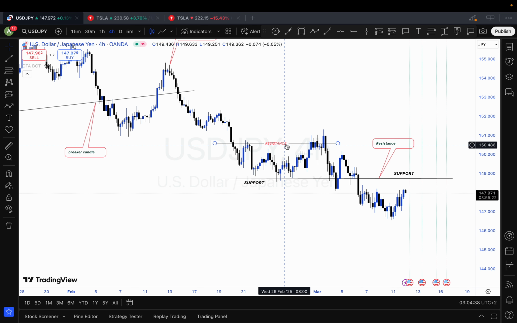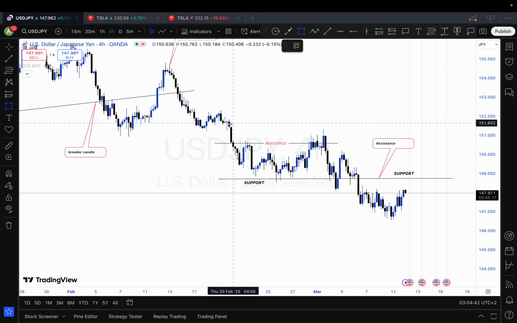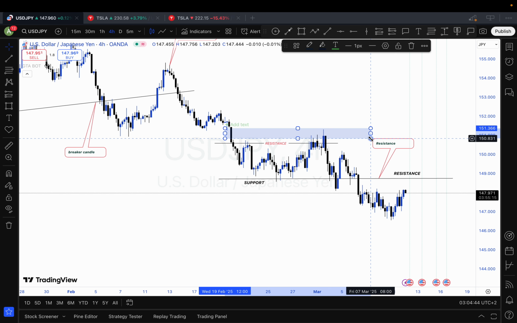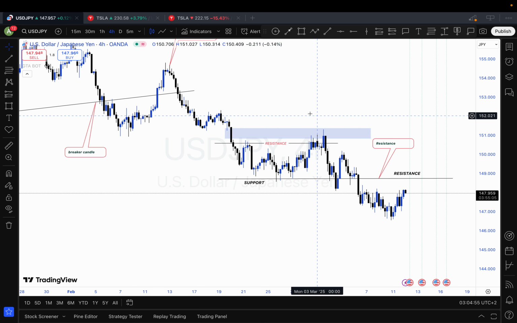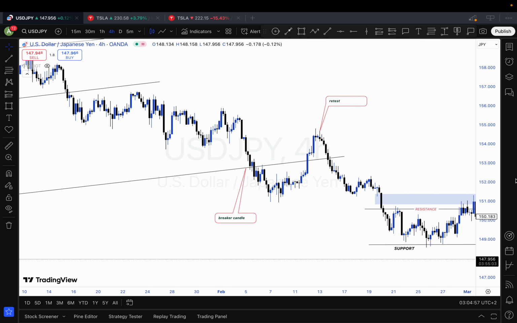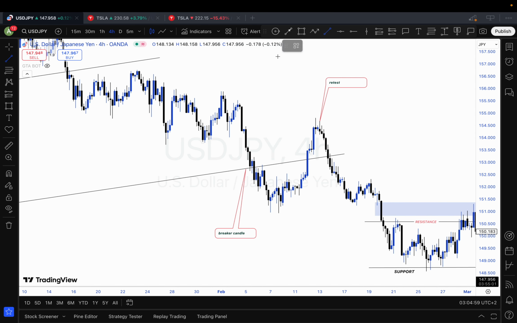So now here we can see this resistance, right? And then we can see that we're actually having a fake out. I think I actually talked about this earlier. We can actually see this fake out over here, which is going to help in your analysis, all right? And then we can see what more?